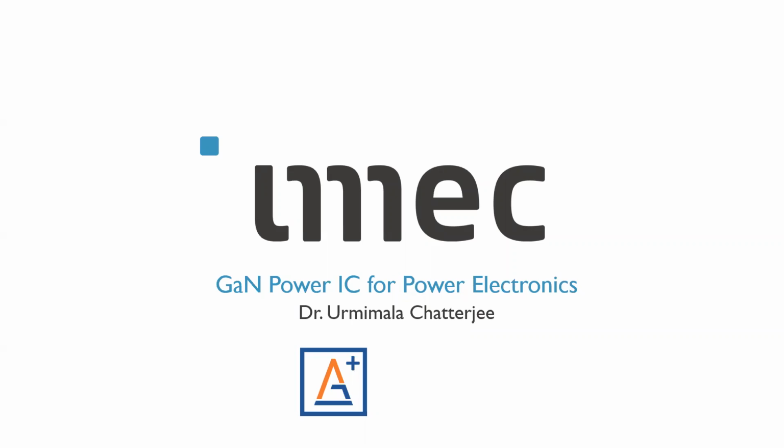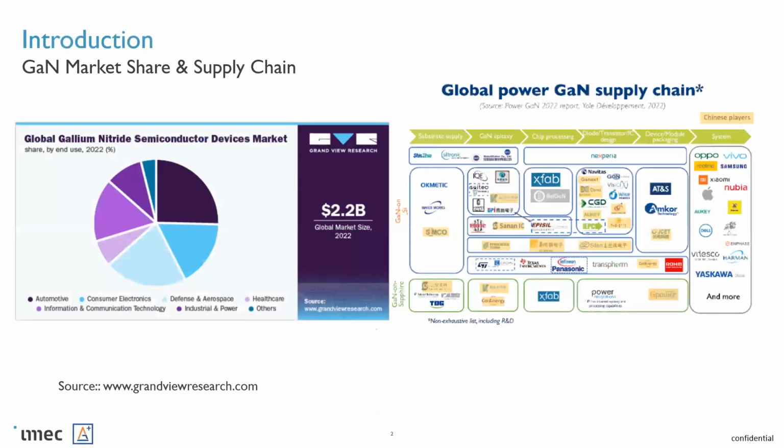So today I'll talk shortly about the GaN power ICs that here at IMEC we are developing for power electronics. We all know these days gallium nitride is gaining a lot of attention. We also see its increasing market share and its availability in a huge range of applications.